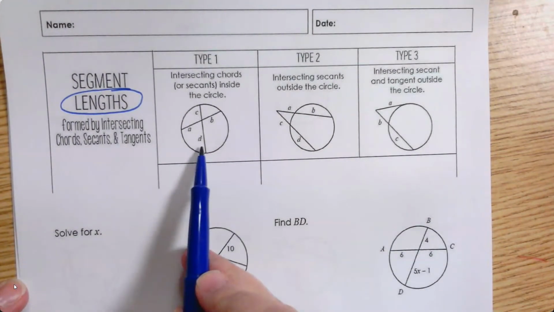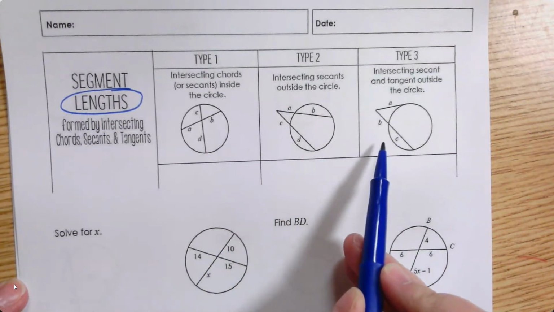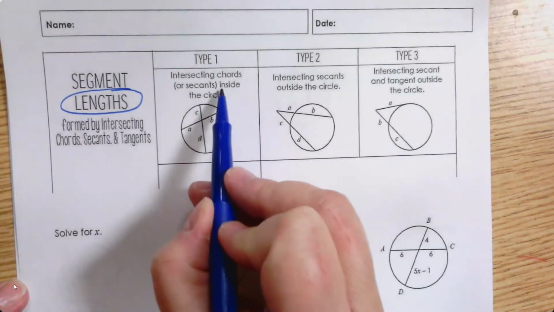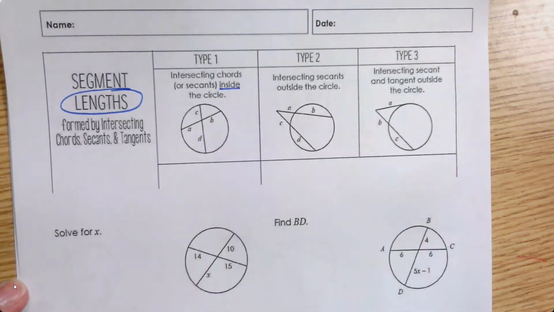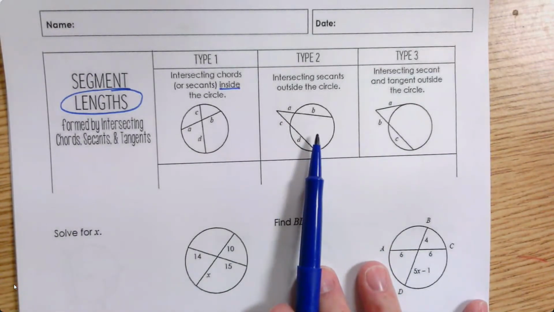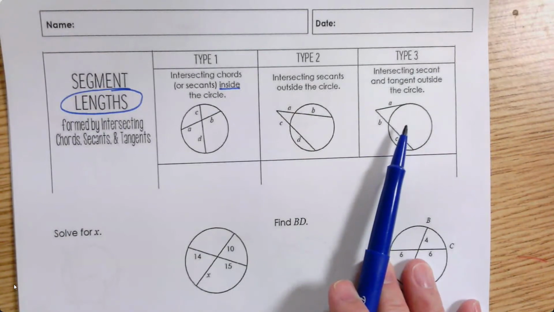And there are three different situations here, but we're basically going to break them down into two cases. Type 1 is if you have two chords that intersect, and they intersect inside the circle. Type 2 is if you have two secant segments intersecting, and here you have a tangent segment and a secant segment.